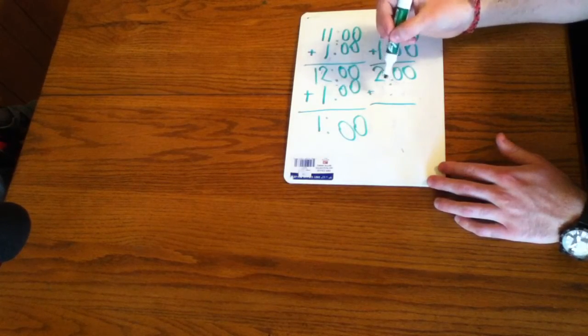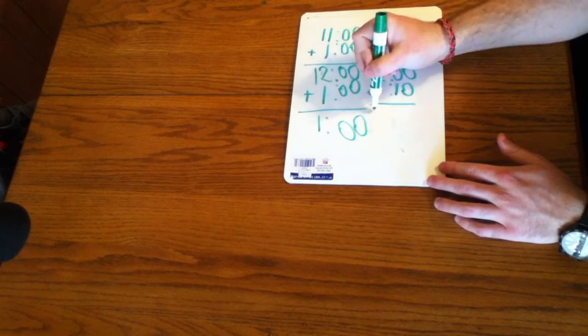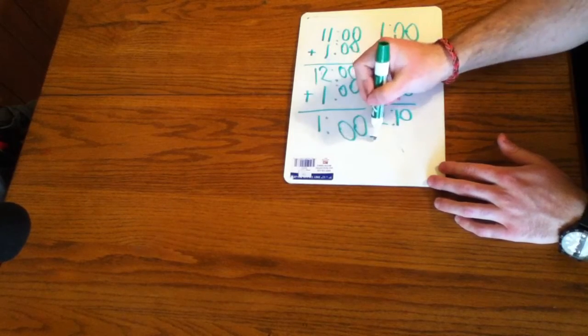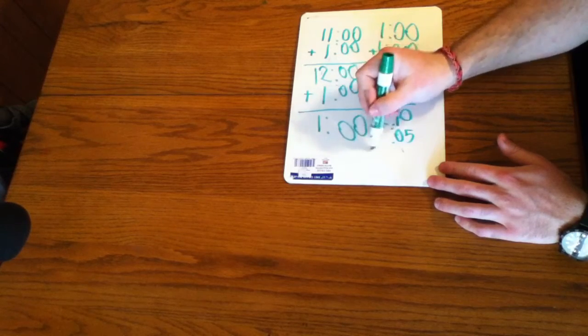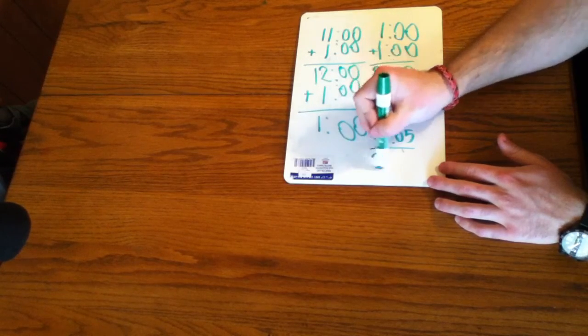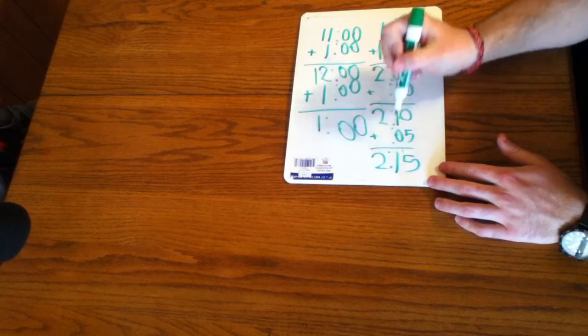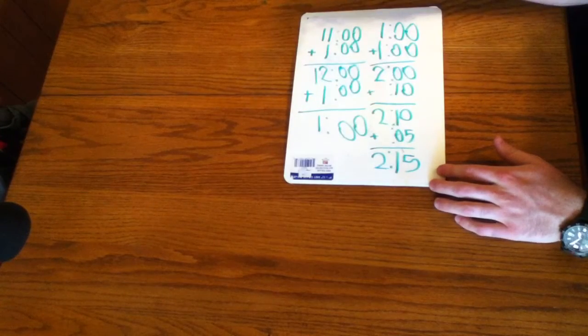And so let's do 10 and 5. So we can add 10 minutes here, which gets us to 2:10. We're not quite there, and so we'll add that last 5 minutes, which gets us to 2:15. So we started at 11, and we made it to 2:15.